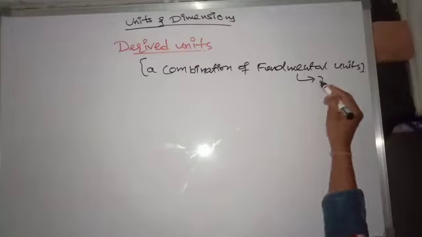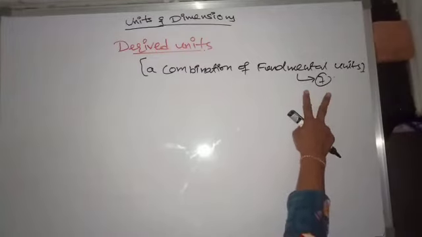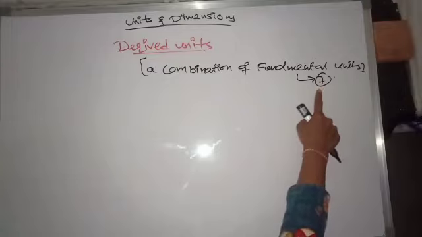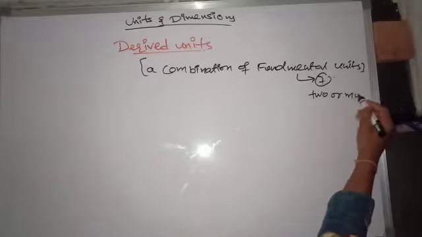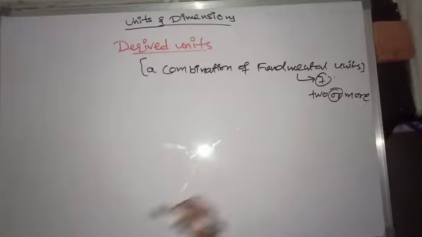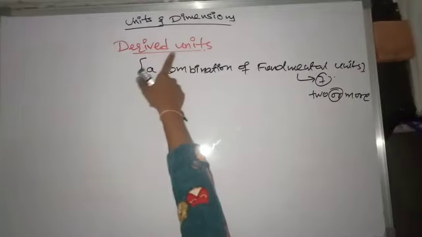We know that we have 7 fundamental units. We are combining 2 or more fundamental quantities or fundamental units to form derived units.